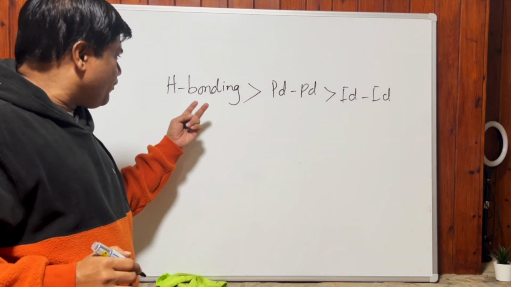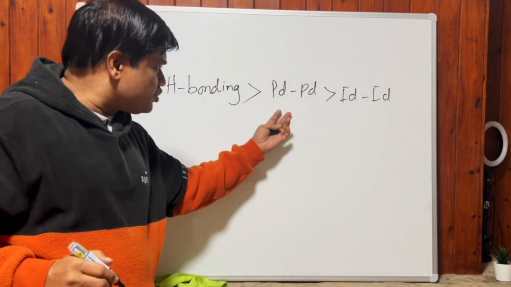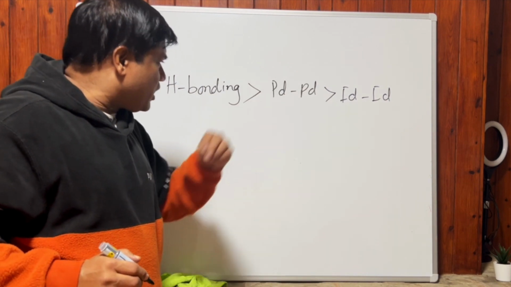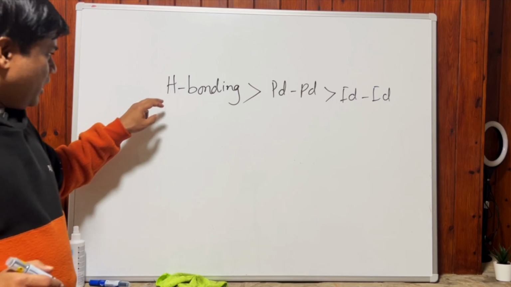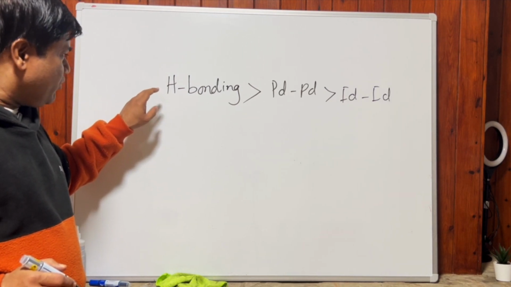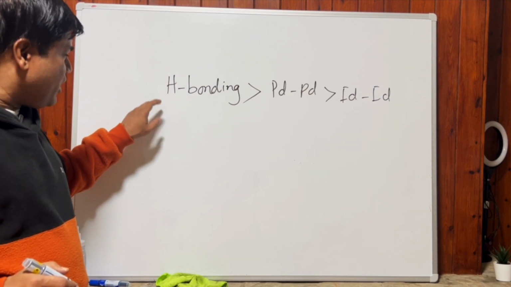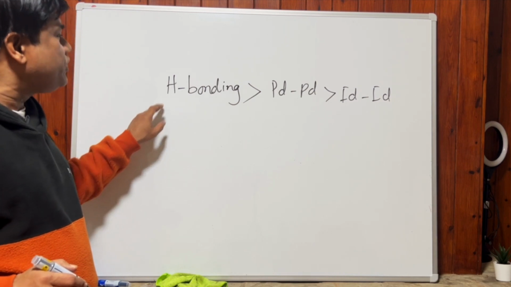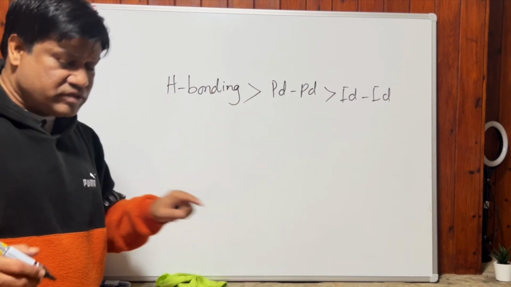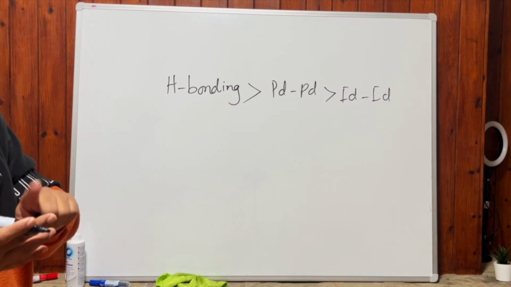This is a property of polar compounds, and this is also a property of polar compounds. Hydrogen bonding is present when the molecules have a hydrogen atom along with a highly electronegative atom such as fluorine, nitrogen, and oxygen.